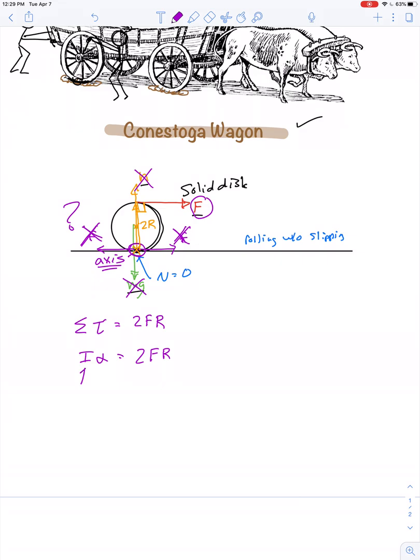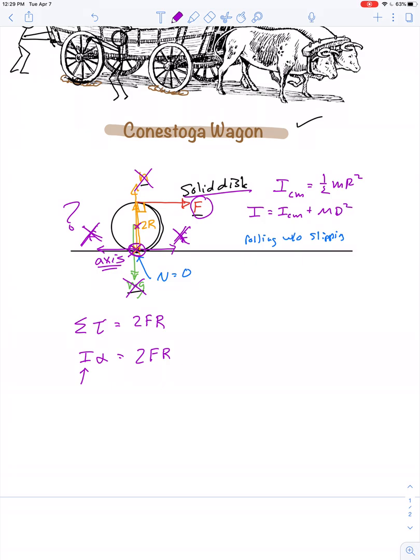Now, what are we going to substitute for I? Well, a solid disk has a rotational inertia about its center of mass equal to 1/2 mr squared. But we have a solid disk that's being rotated not about its center, but about the contact point. So we have to use the parallel axis theorem and say I equals I_CM plus md squared.